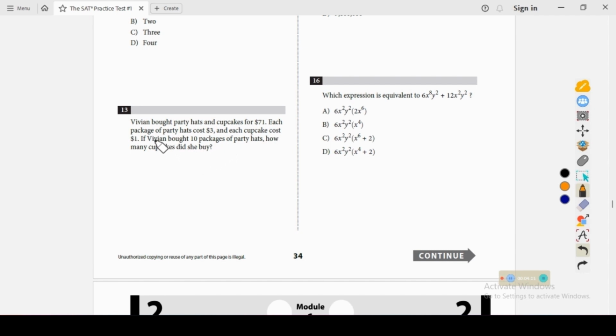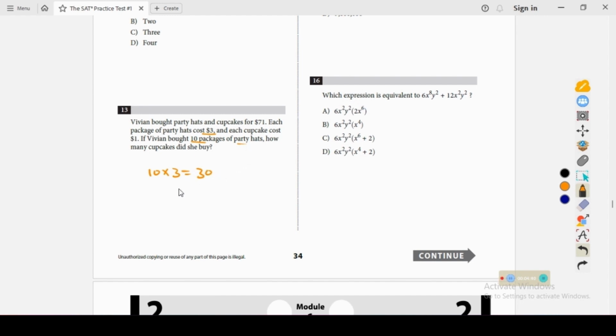Since Vivaan bought 10 packages of party hats, let's find out the amount that Vivaan spent on party hats. Since each party hat costs $3, the amount will be 10 times 3, which equals 30. So, Vivaan spent $30 on party hats.